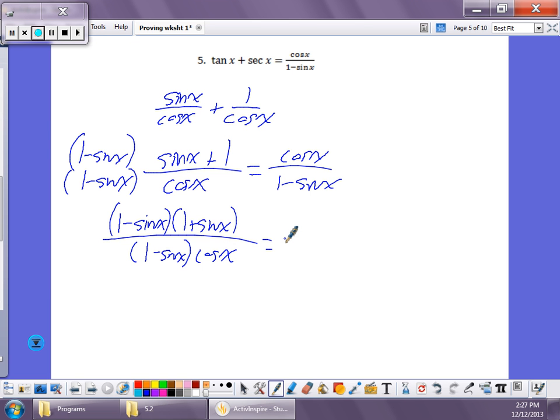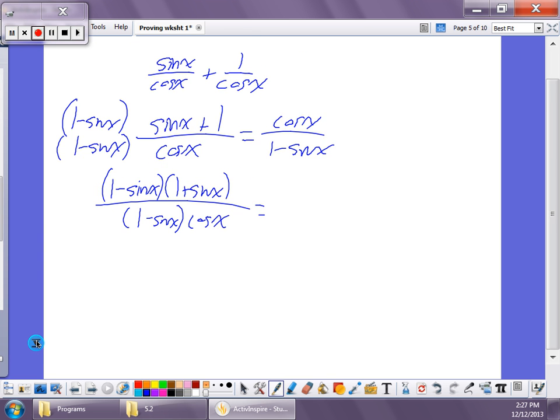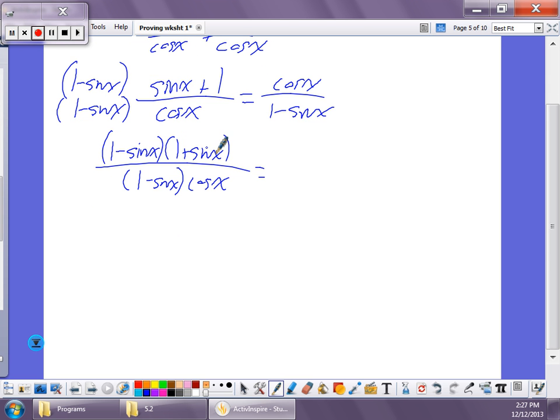So now, the reason I wrote this as 1 plus sine x, flip-flop, nothing wrong with that with addition, is because now I have a difference of squares here. So this difference of squares is going to be 1 minus sine squared x over 1 minus sine x cosine x.